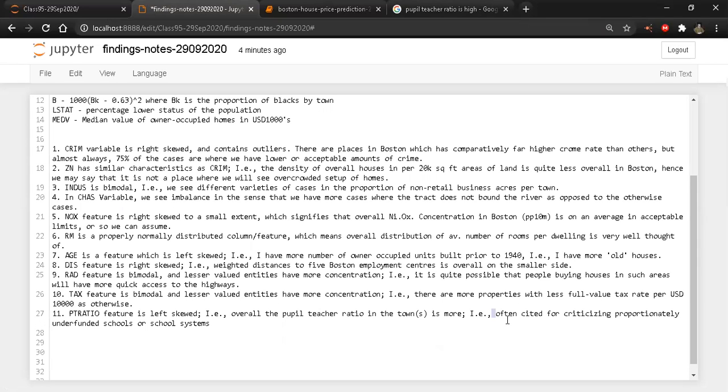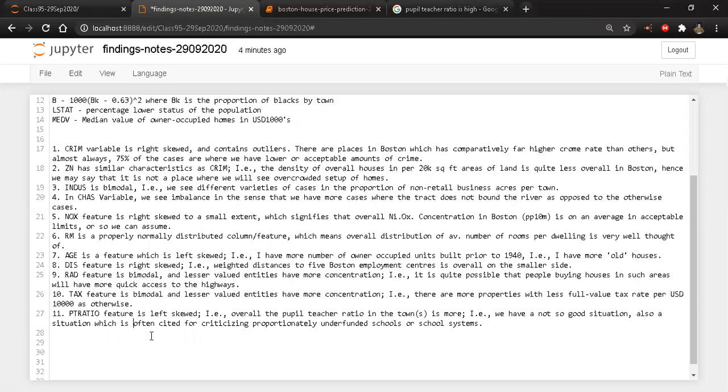We have a not so good situation, also often cited for criticizing proportionately underfunded schools or school systems. Okay, also a situation which is often cited for criticizing. So there might be problems.